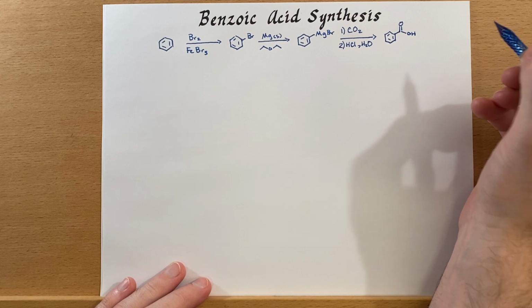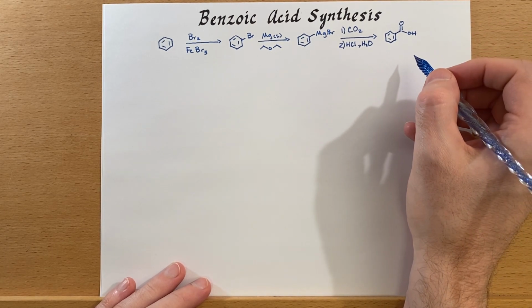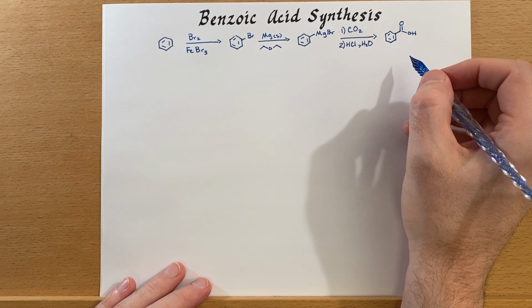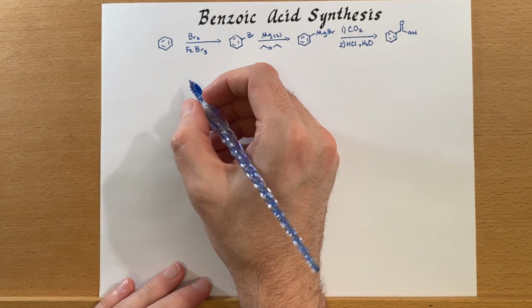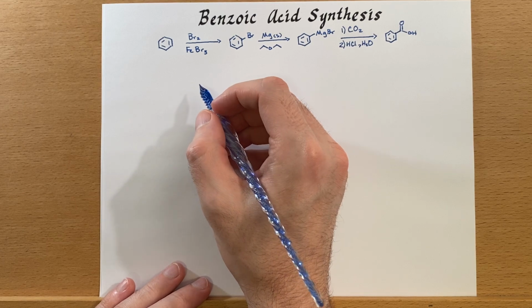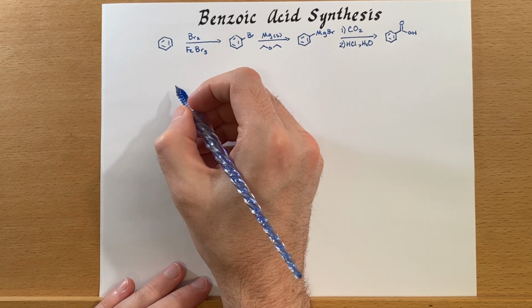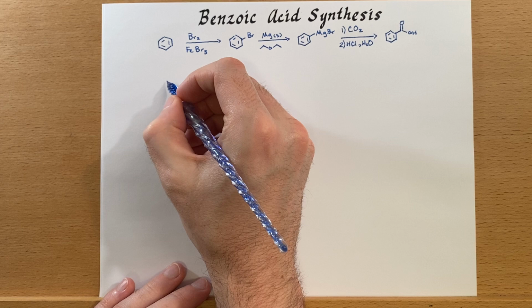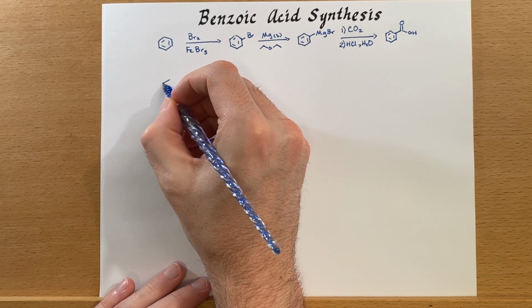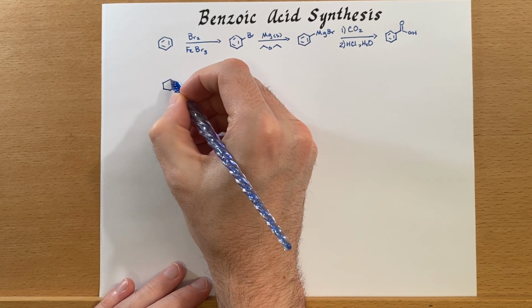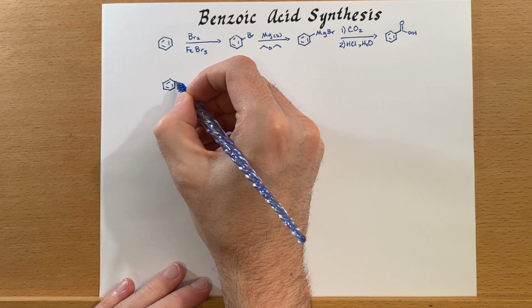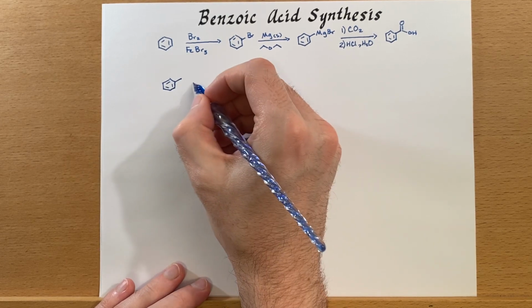Well, that's quite a process. And we can actually do something different to generate benzoic acid. And we can actually do this from a variety of starting materials. We could use toluene, like so.